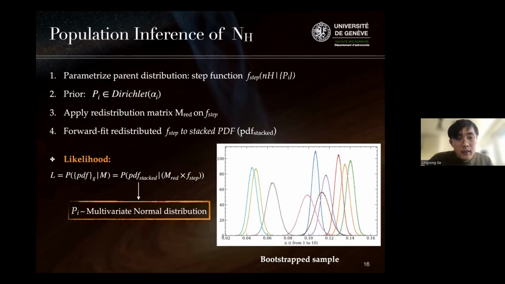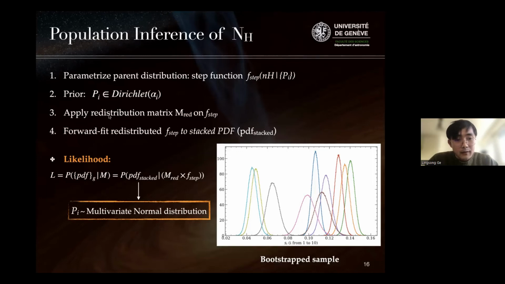So the general idea of our population inference method can be summarized here. First of all, we parameterize the parent distribution using a histogram model or a step function, with parameter pi for each bin, and the pi naturally follows the Dirichlet distribution, which constrains the sum of the pi to be 1.